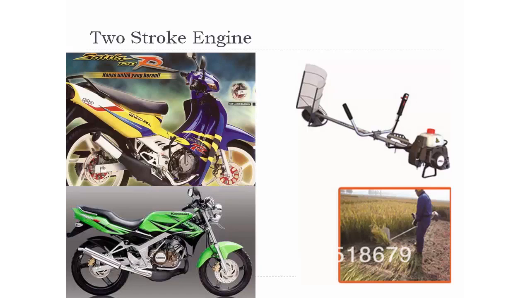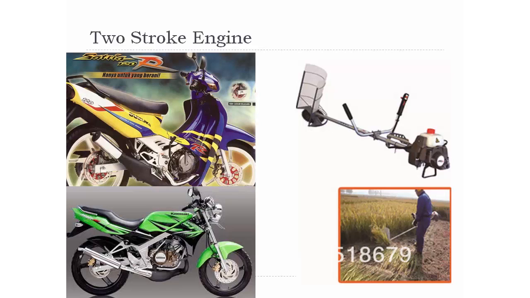This is an example of a two-stroke engine. If you look at it, the application is more for lightweight things. For example, when I was young, these were the two most famous bikes: the Suzuki Satria, and the other one is the Kawasaki Ninja.